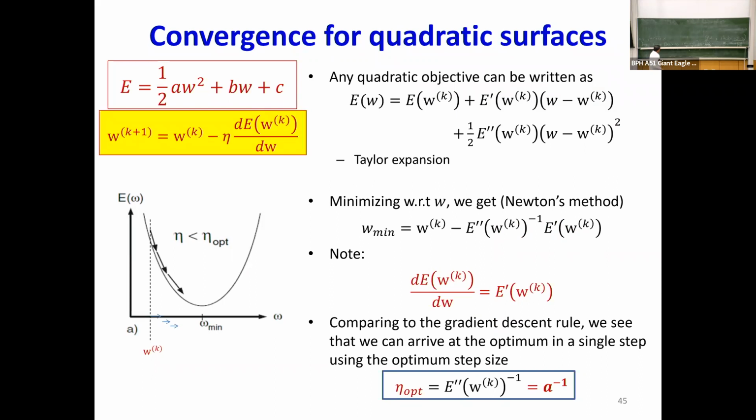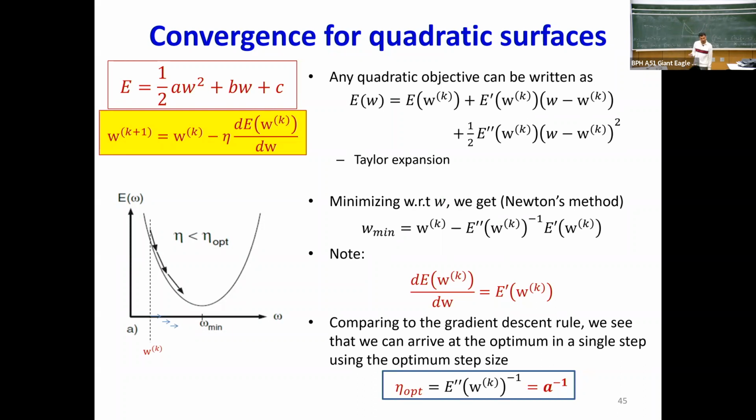So now I know that if I start off from some W0, and I take W0 minus f prime at W0 times 1 over f double prime at W0, right? So this means that if I start off from some W0, where this is W and this is the function E, in a single step I'm going to end up at the minimum.